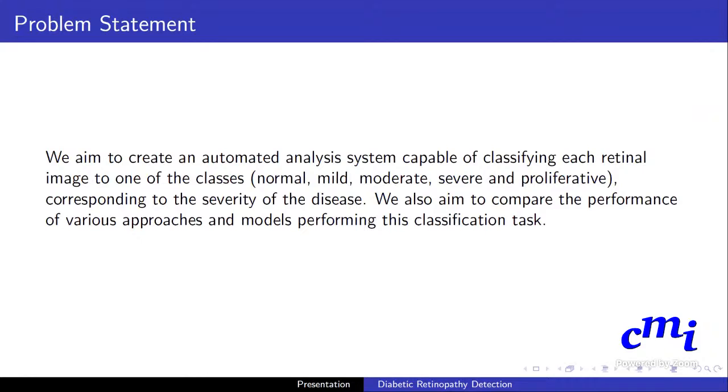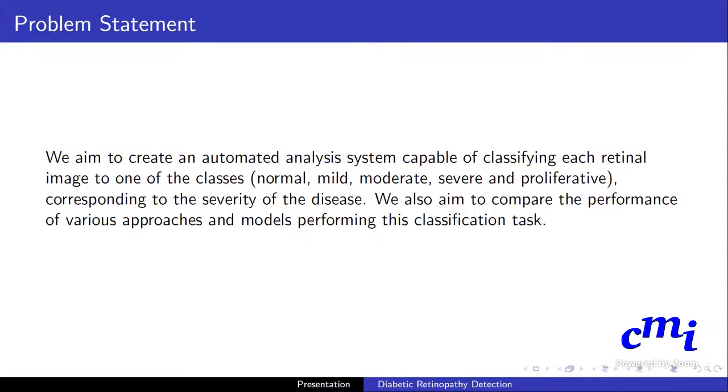Next, we move on to the problem statement. The problem statement at hand is to create a system or a model which can perform a multi-class classification task on retinal images. Now, generally, diabetic retinopathy can be categorized into 5 stages depending on the severity of this disease.